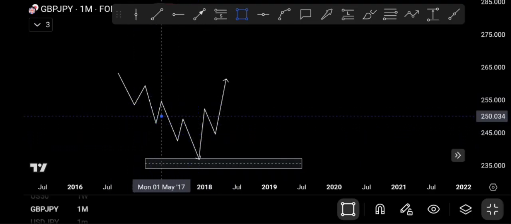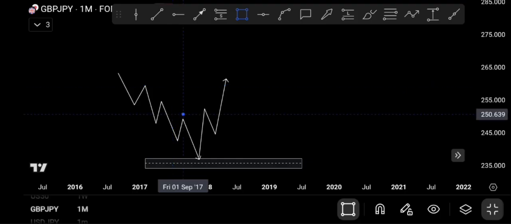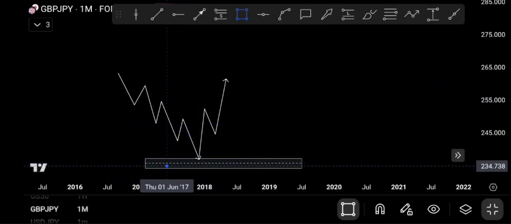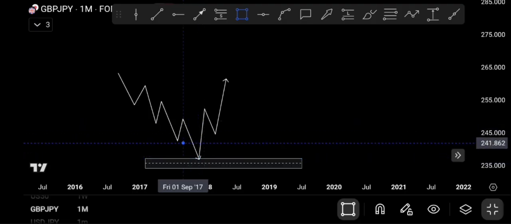What's pushing price down? Supply zones, right? Supply zones. That's what's pushing price down. So when price gets to our higher time frame demand, it pushes price, it swept liquidity here.